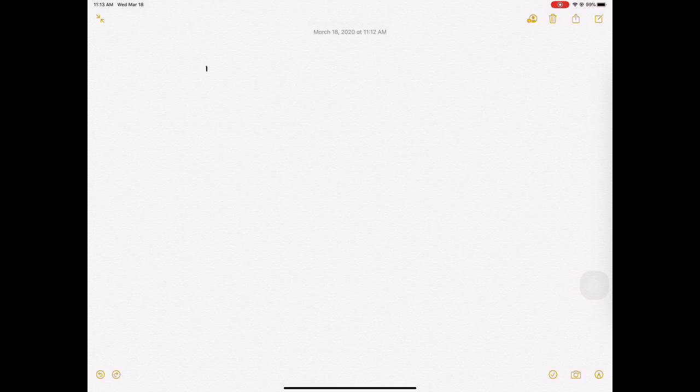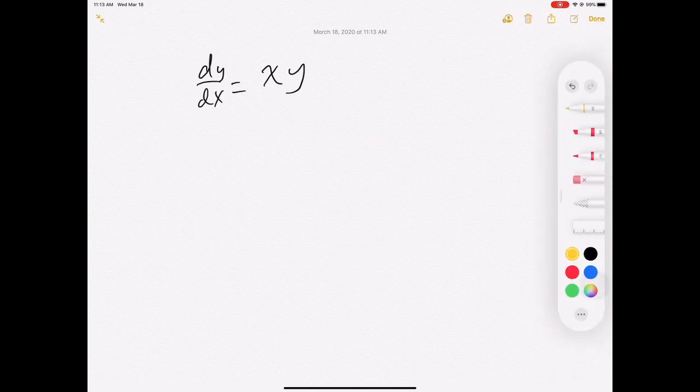For instance, if I wrote dy over dx is equal to xy, we could separate this because we want all the x's on the same side and all the y's on their own side.